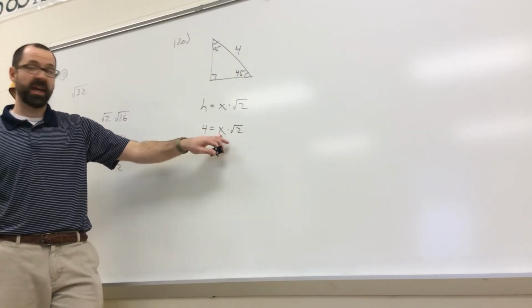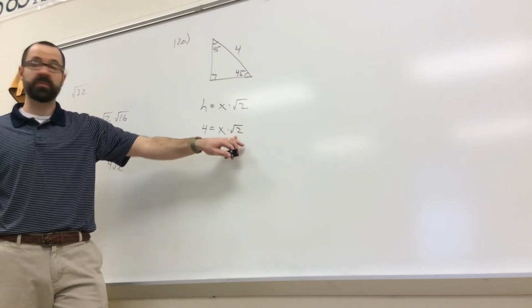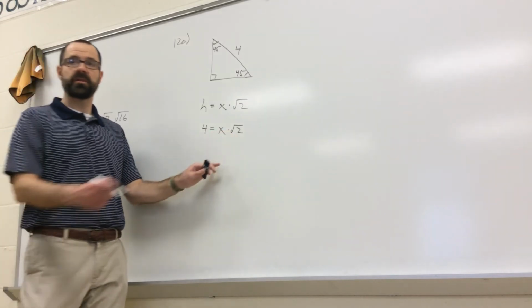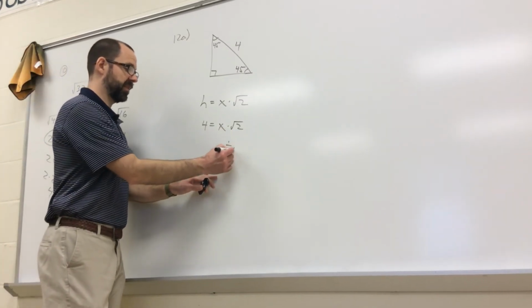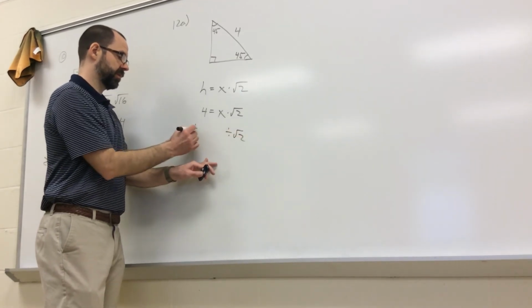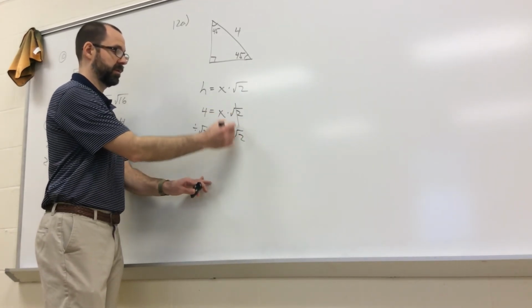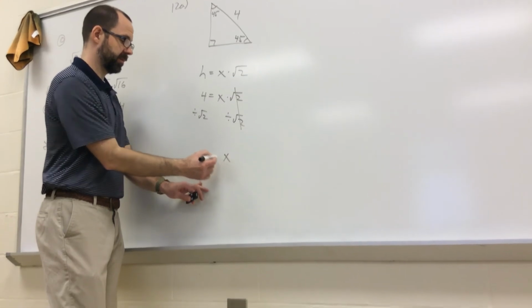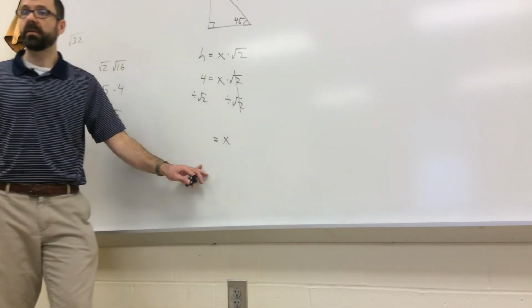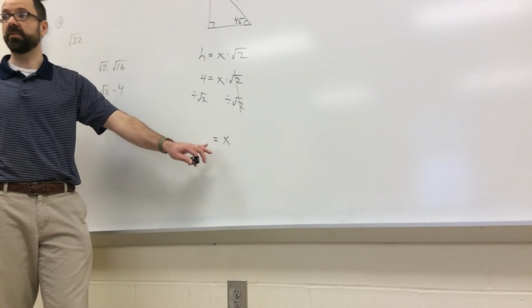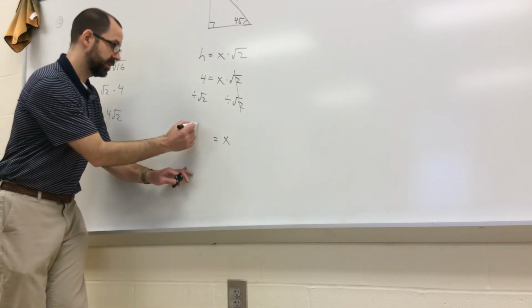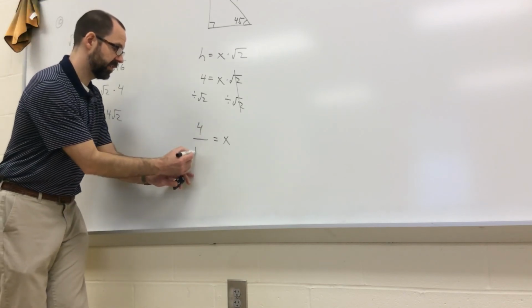Now I'm trying to figure out x, but it's multiplied by the square root of 2. So to get rid of that, I divide by the square root of 2. So that crosses that out. And that tells us that the missing side that we don't have is 4 divided by the square root of 2.